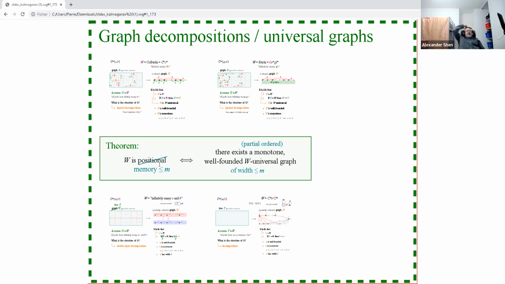No, it's not a finite problem. So we have some graph, and we have some property W, for example it's positional. So there exists some monotone and well-founded universal graph, linearly ordered. And then we want to find whether, for some graph, there is a winning strategy. Yes, even for a game, you can.